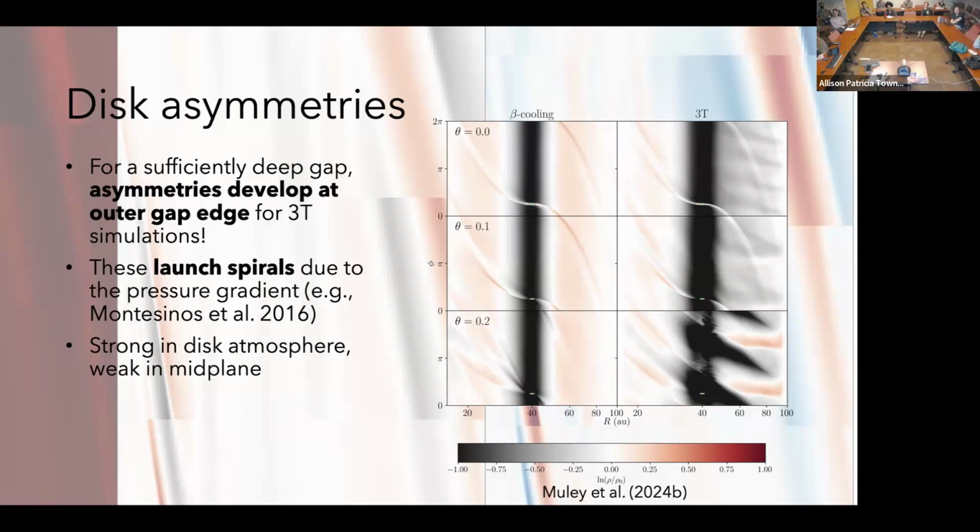In the three-temperature case, you get something similar in the midplane, but in the upper atmosphere these asymmetries become more prominent. They couple with the radiation, become even more prominent, and then you start seeing these spiral structures. There is some depletion here, which is a consequence of these spirals including strong vertical flows, which I didn't expect.